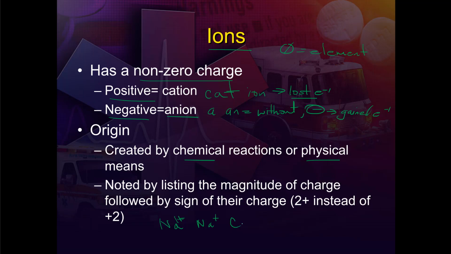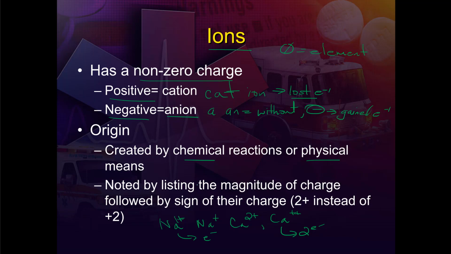Some others, like calcium, have 2 positive charges, and sometimes they're written as calcium with 2 pluses. Either way, what we're identifying here is that calcium lost 2 electrons, and sodium lost 1 electron, giving rise to the idea that its unopposed positive charge inside the nucleus is showing as 1 positive charge overall.